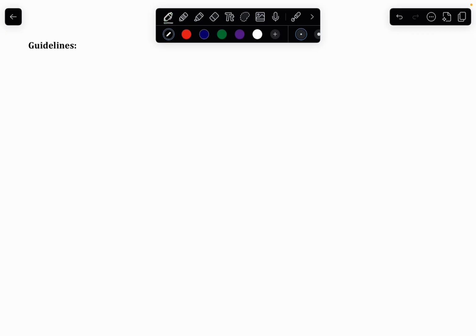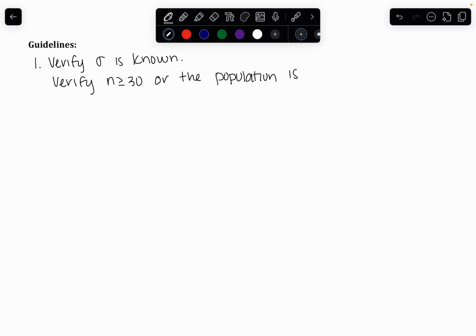All right, so our guidelines when we're going through and making hypothesis tests. The first thing, similar to when we're looking at confidence intervals, is that we want to verify that sigma, the population standard deviation, is known. We also need to verify the central limit theorem, so that n is greater than or equal to 30, or the population is normally distributed.